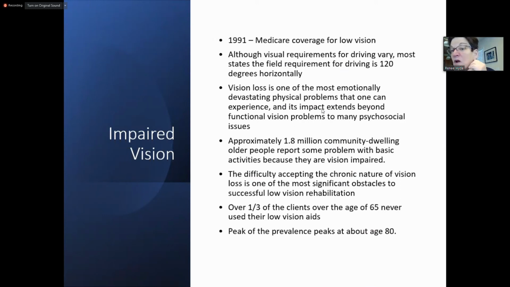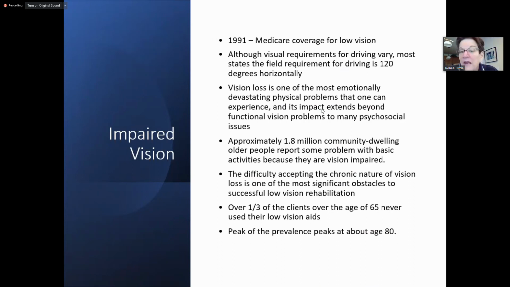Vision loss is one of the most emotionally devastating physical problems that you can experience, and that impact extends beyond functional problems and involves a lot of psychosocial issues as well.